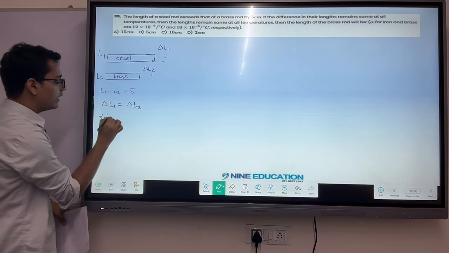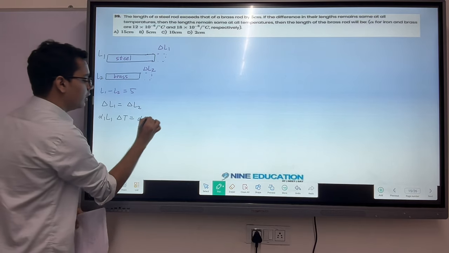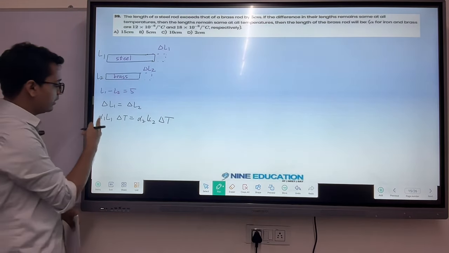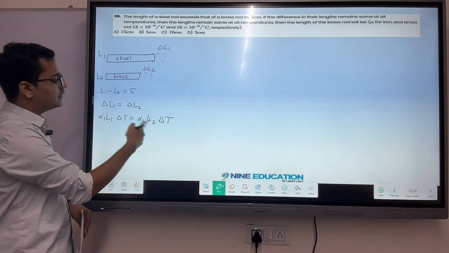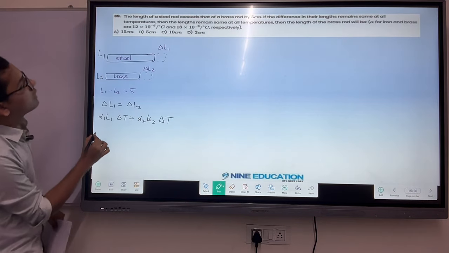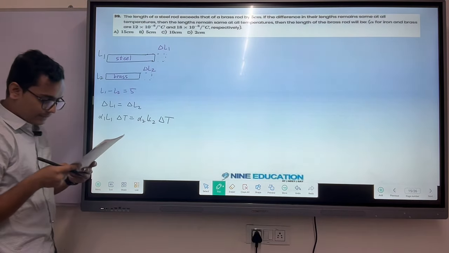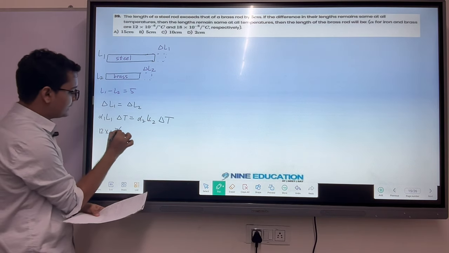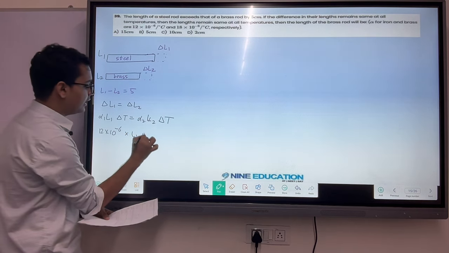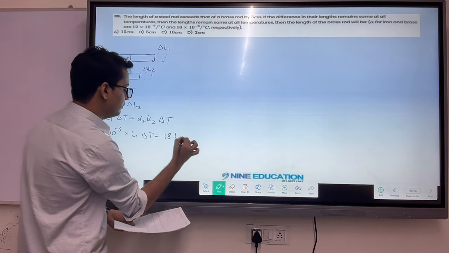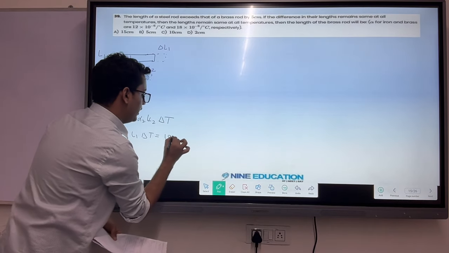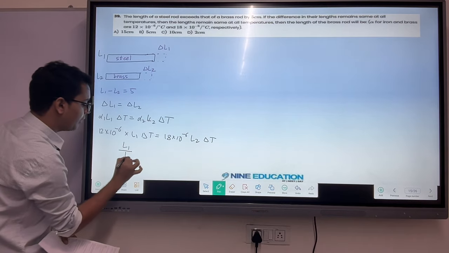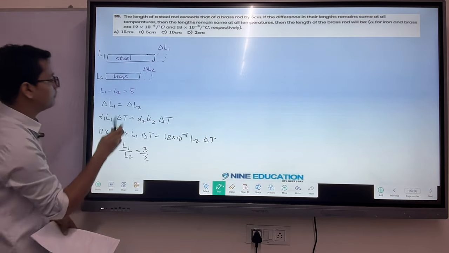So it is alpha 1 L1 delta T equal to alpha 2 L2 delta T for the given change in temperature. These are for the steel, these are for the brass rods. So for the steel, I believe it is given to you as 12 into 10 power minus 6 into length L1 into delta T is equal to 18 into 10 power minus 6 into L2 into delta T. So from here I will get L1 by L2 as 3 by 2.